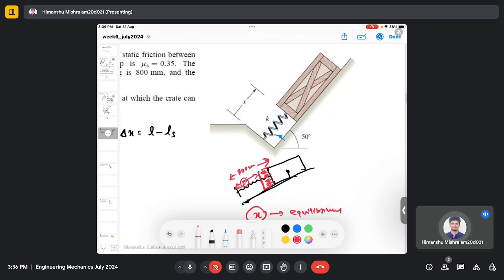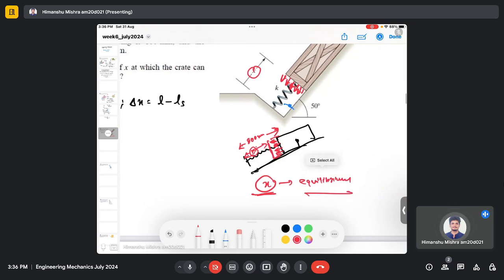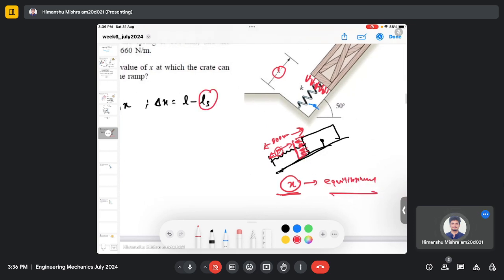Due to gravity, the crate will move. It will slip on this surface until it reaches the position x, and once it reaches the position x, the system remains in equilibrium. This S here is equivalent to Ls, so I should write delta x, which is L minus x.